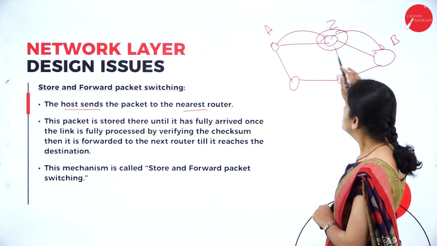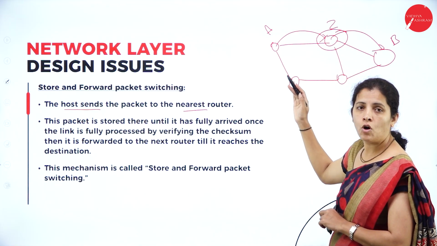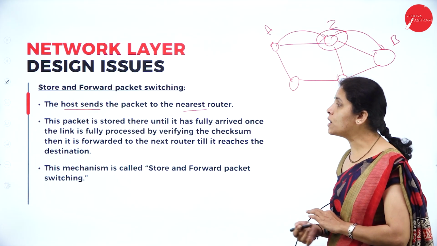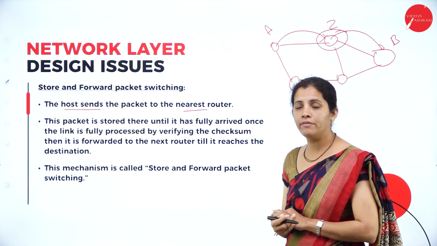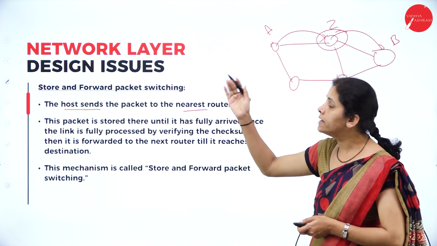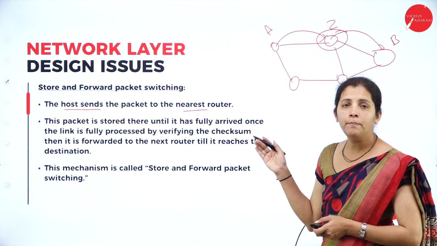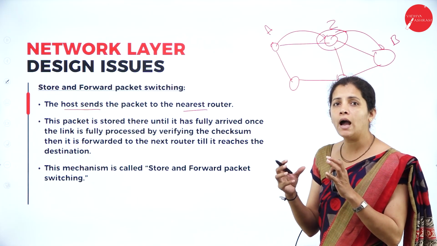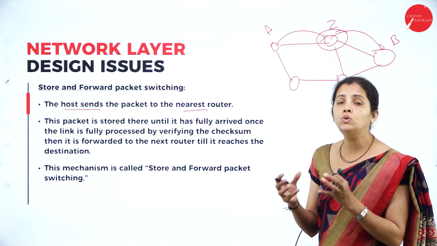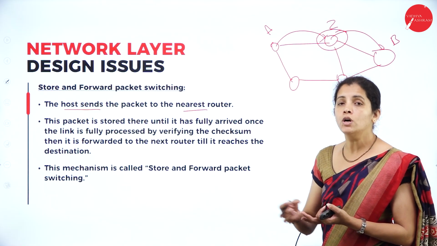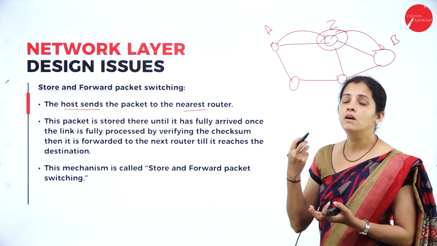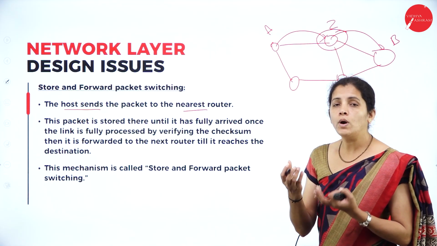So to design store and forward packet switching is very difficult in our network layer, because if I'm going to have more than two routers and each router is going to store the data and forward it, what's going to happen?